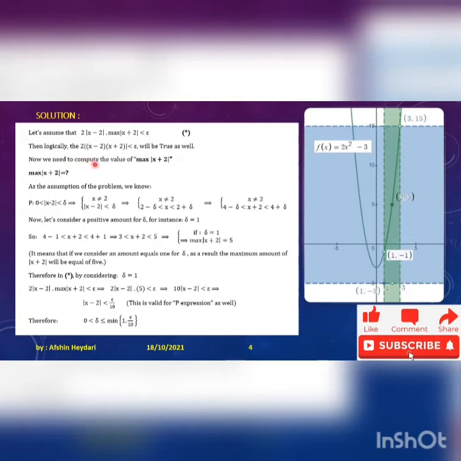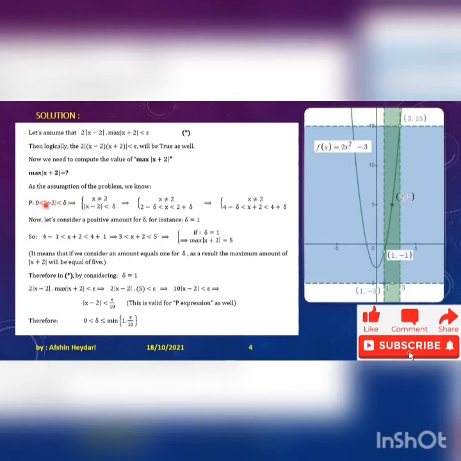Now we need to compute the value of the maximum of the absolute value of x plus 2. As the assumption of the problem, we already know this is the P expression. We saw this before at the previous page.